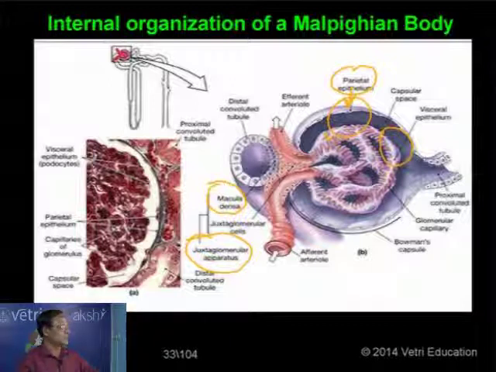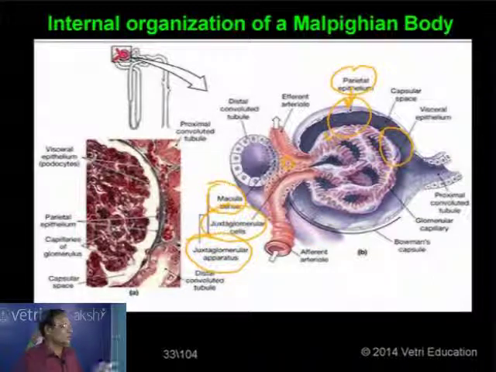Component number 1 is the macula densa. This is the tubular epithelium of the distal convoluted tubule. The second component is the juxtaglomerular cells. These cells are the cells of the afferent arteriole, modified smooth muscle cells. And also we have Lacis cells. These Lacis cells are formed in the angle called the vascular angle, which is formed between the two arterioles, afferent and efferent.